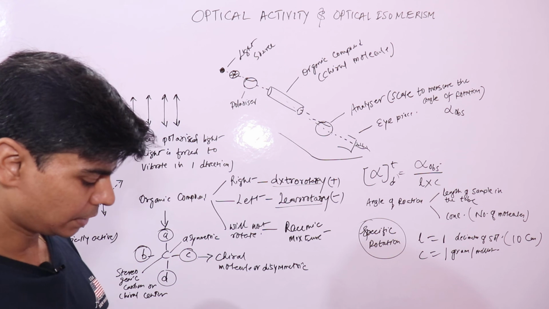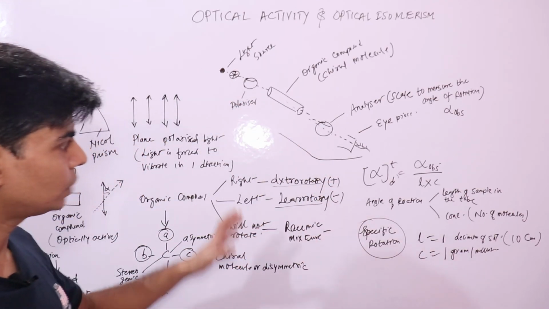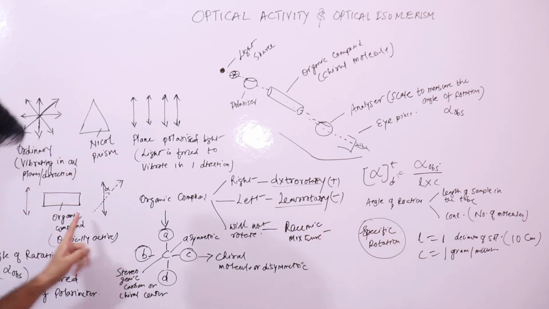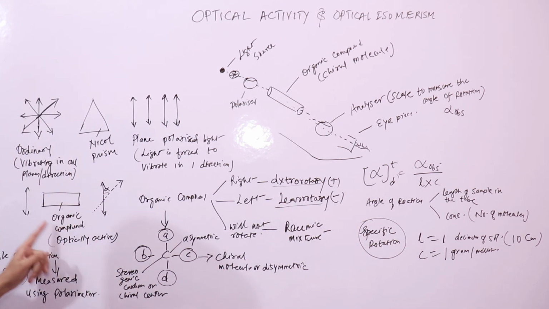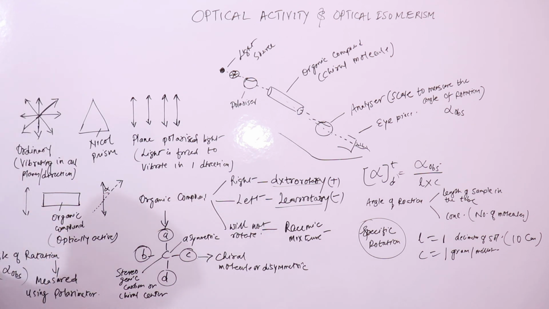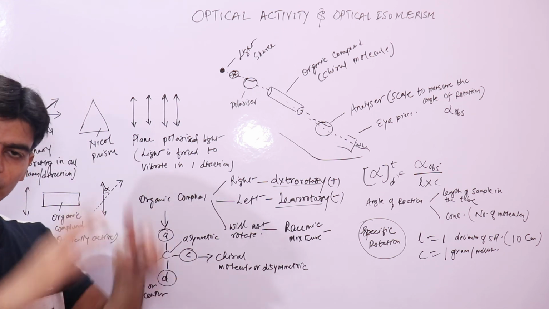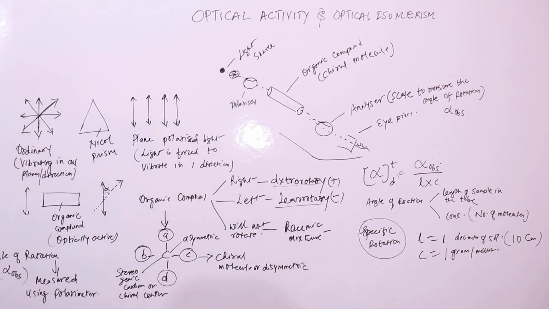We studied the setup of the polarimeter, which is used to calculate the angle of rotation of plane polarized light by this organic compound. The molecules in this sample must be chiral, because only chiral molecules can rotate the plane of polarized light, when the light interacts with different groups that have different configurations in space.